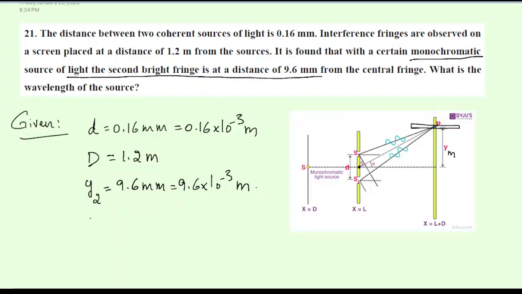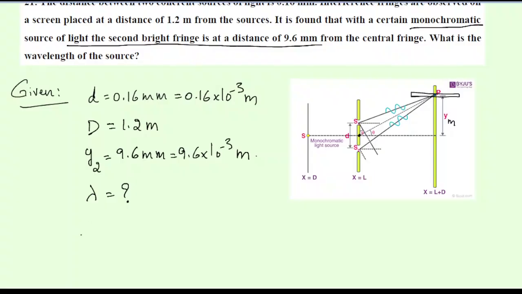What is the wavelength of the source? Lambda is the question. What's the formula? We have already learned the formula, right? ym equals m lambda D divided by small d. What are we supposed to find out? We are supposed to find out lambda. So let's derive an expression for lambda rather than ym.